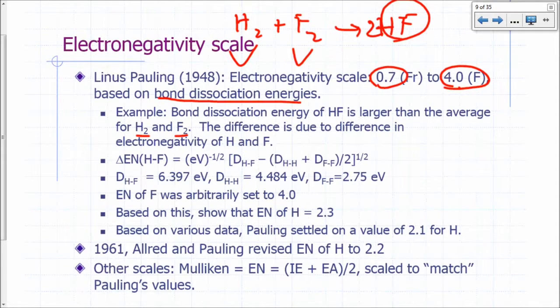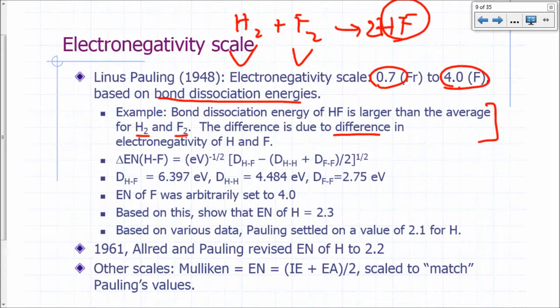So the difference, he attributed to what we would call the ionic character of the HF bond. And so that, in a way, gives you a way of quantifying the concept of electronegativity.